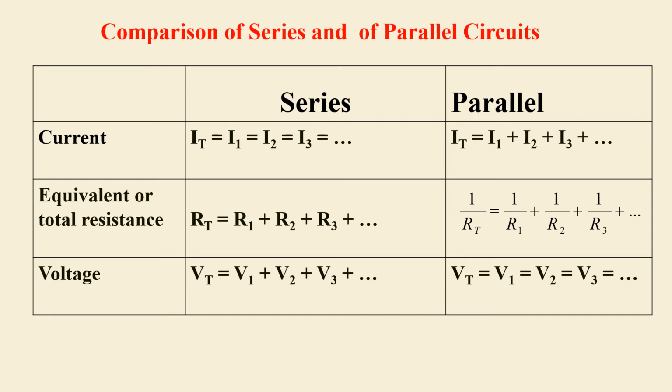For the voltage, in the series connection, the total voltage equals the sum of the individual voltages, while in parallel connection, the total voltage is just the same as the individual voltages.